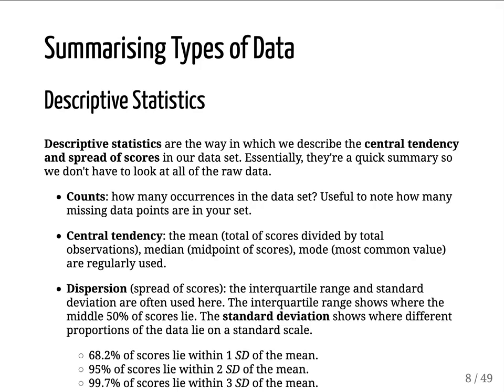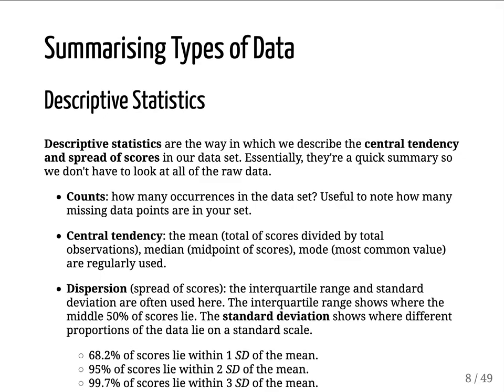Now what this means is that across many different measurements, if we have an understanding of what the standard deviation means, it can tell us quite a lot of information about our sample. So if I know the average height, and I know the standard deviation of the height, which might be, let's say 6 inches or something like that, then I know my average height plus 6 inches and minus 6 inches is where 68% of the scores lie, because that's one standard deviation away from the mean.